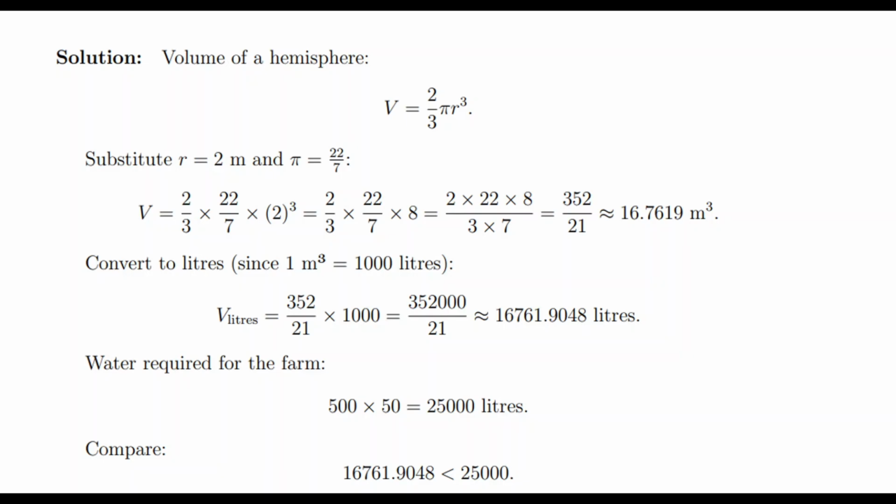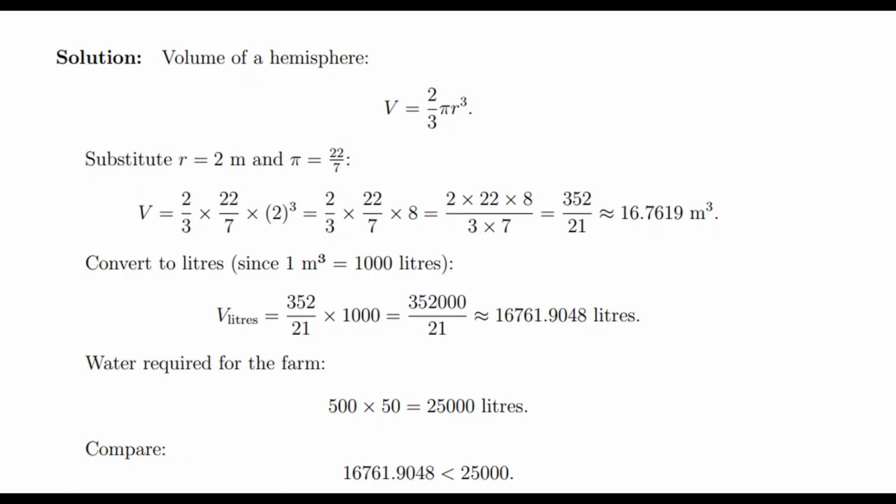But 1 meter cube is equal to 1,000 liters. So we do our conversions over there. Then we get 16,761.9048 liters. That's what we get for the liters of the tank, the hemisphere.